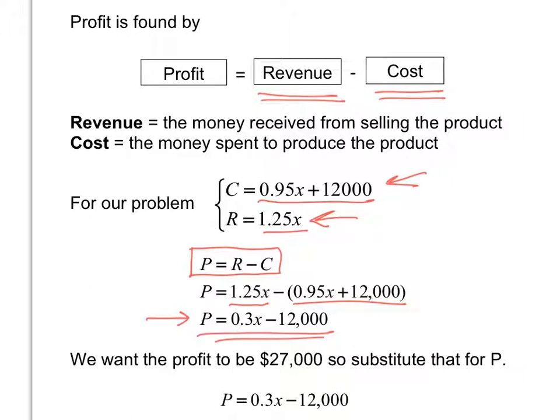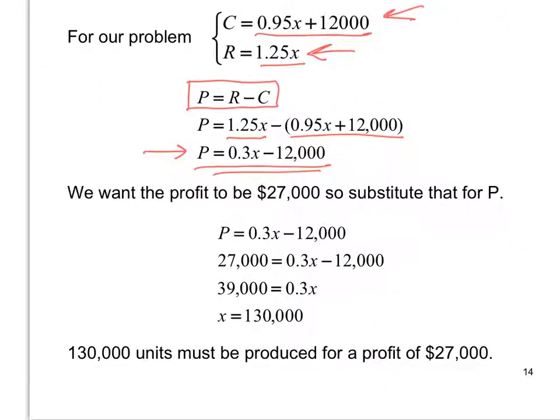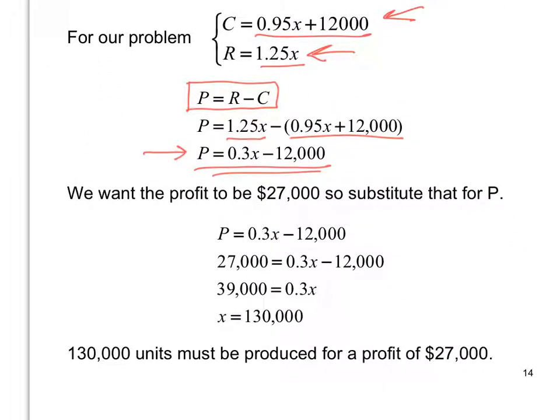So if I want the profit to be 27,000, then I need to take that equation and take out the P and put in 27,000. And if I solve this equation, I get x equals 130,000. That means if I want to make a profit of $27,000, then I need to produce 130,000 units. So refer back to this example if you need to when you do your problem in your assignment.